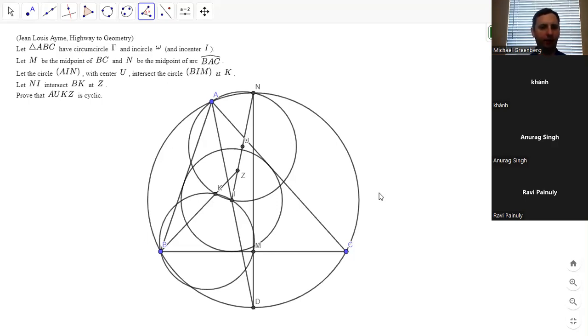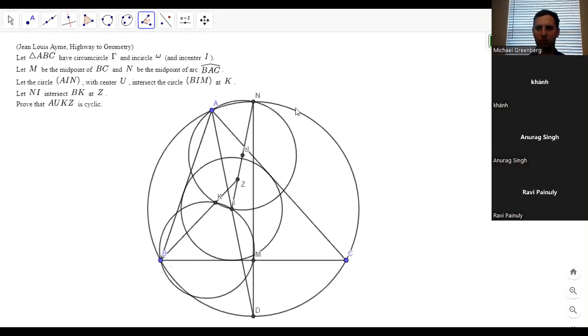I don't know if we could use the isogonal line lemma or something. Oh, the isogonal line lemma? I don't know if that's in that.